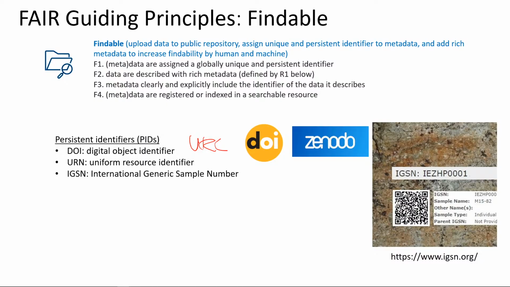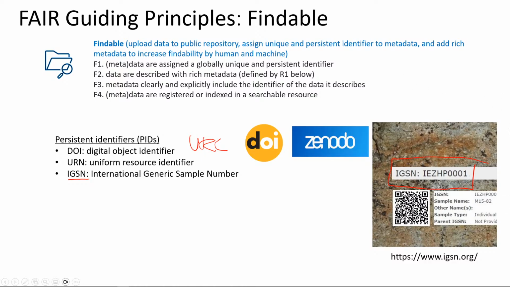Well, there is also something called the International Generic Sample Number. This is also a persistent identifier, and it will include persistent information about the samples that you collected.